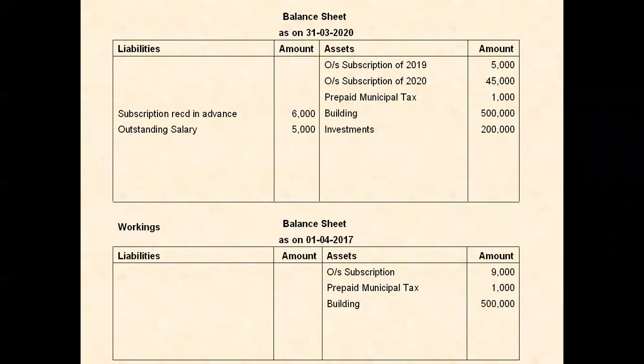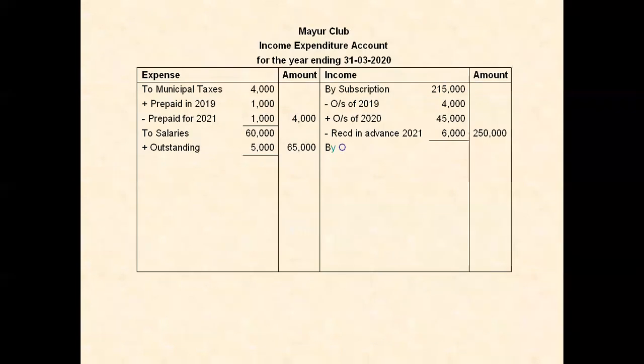This is outstanding interest on investment, which is my accrued income, shown on the credit of income expenditure account as well as closing balance sheet asset side. So here I've completed all my adjustments.